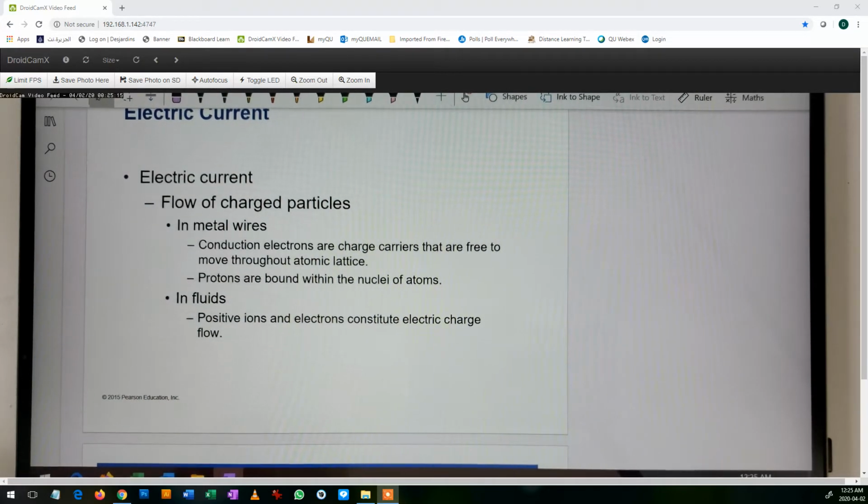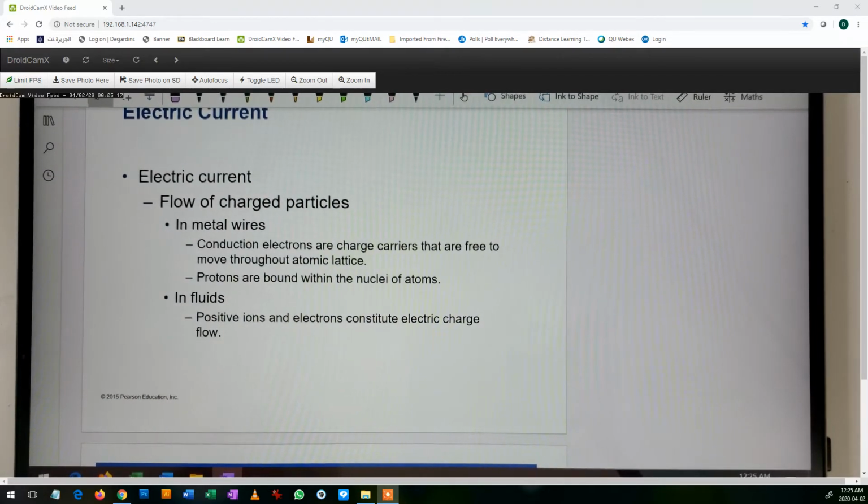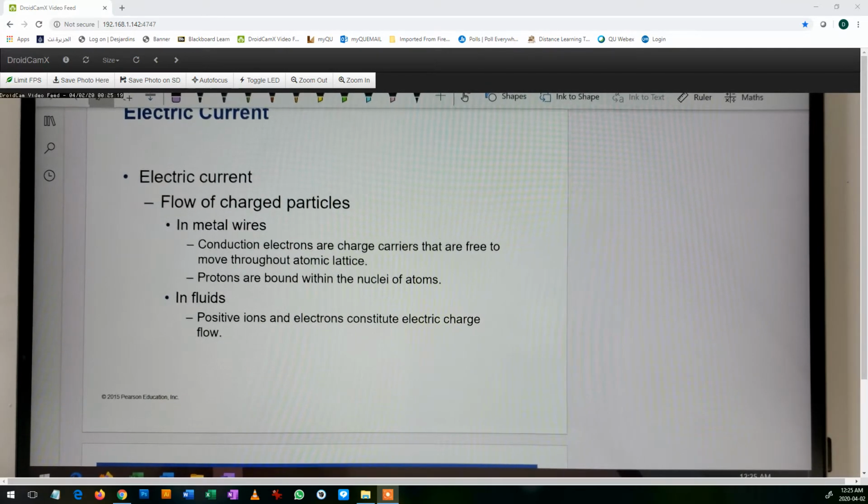Electrical current, flow of charged particles. In metal wires, conduction electrons are charge carriers that are free to move throughout the atomic lattice. Protons are bound within the nucleus of the atom. And then conduction electrons will move, protons will not.